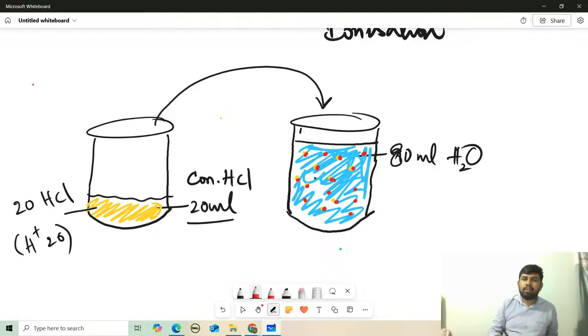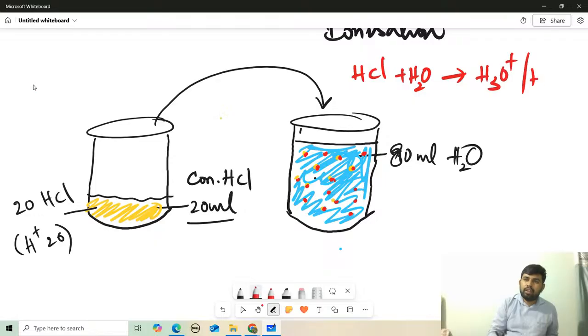As we said, HCl will not remain as HCl now. In water it forms H3O plus ions or H plus ions, plus Cl minus ions, and these will be everywhere. Now from here, if I take 20 ml from this solution.